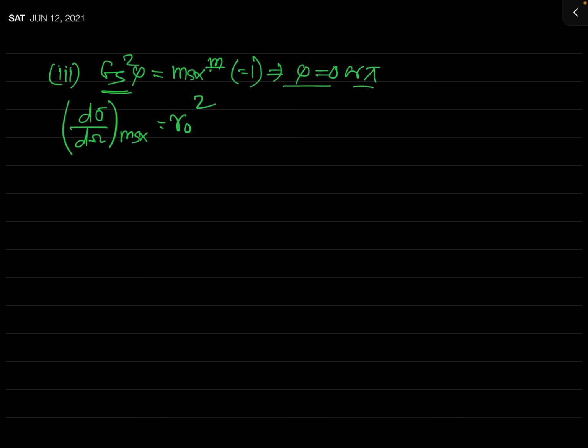So the maximum value of the differential scattering cross section is simply equal to the square of the classical radius of our scatterer, and this result also shows that the scattering occurs in almost all directions, but it will be maximum when phi is 0 or pi.